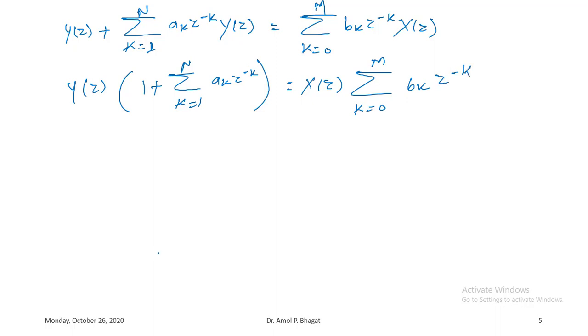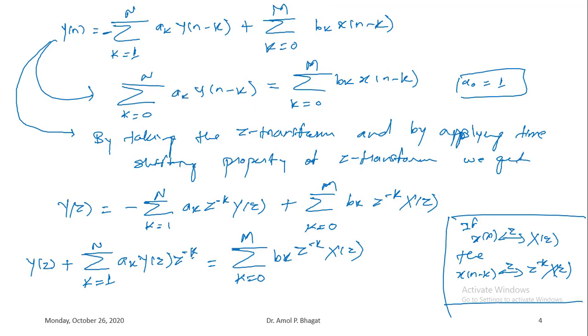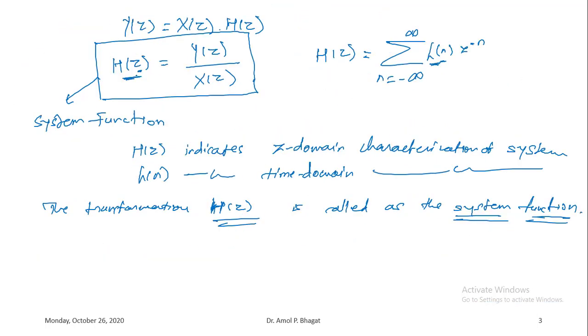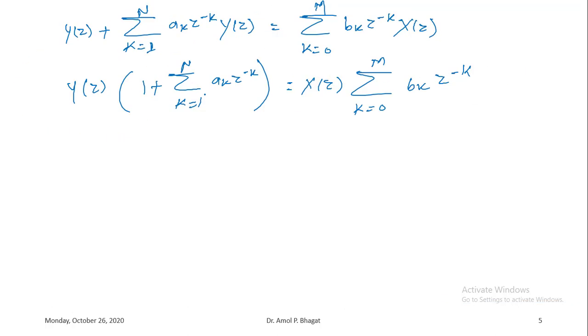Okay, so for the system function, as we have seen, H of z is nothing but Y of z upon X of z. So if I'm taking this Y of z upon X of z, I can write it as H of z.